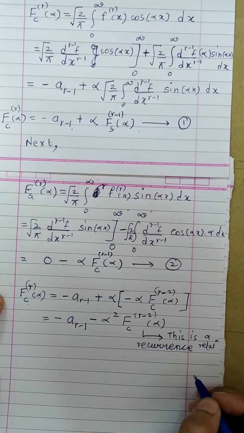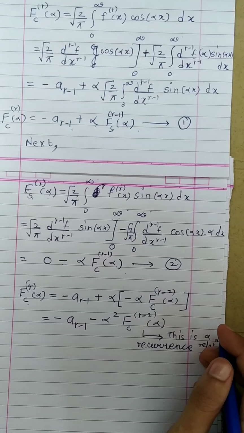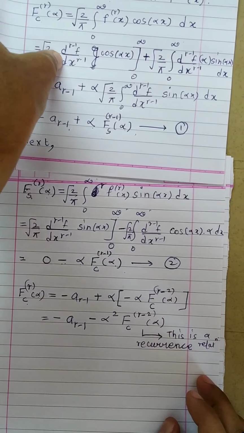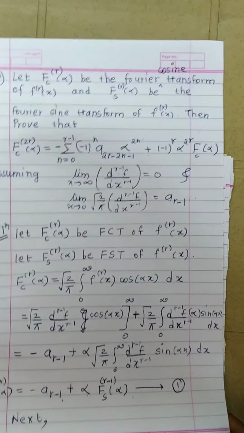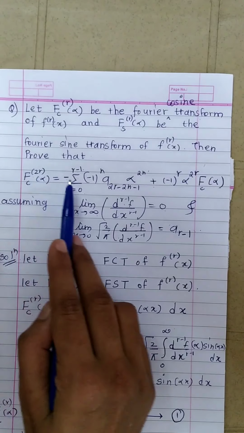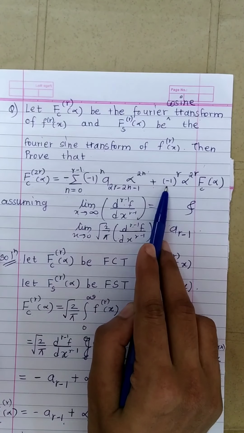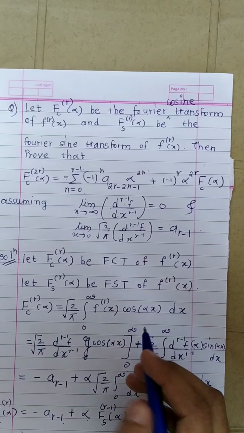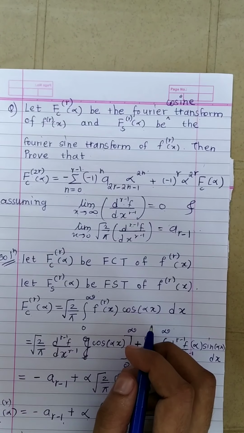Now in the question it is asked to generalize the formula. So before generalizing it, let us observe the pattern that is being followed here for the Fourier cosine transform.